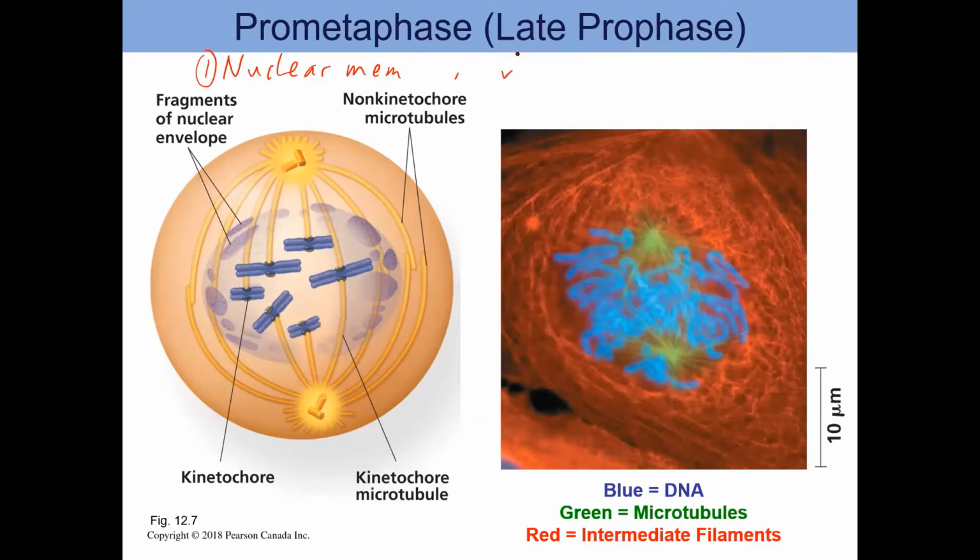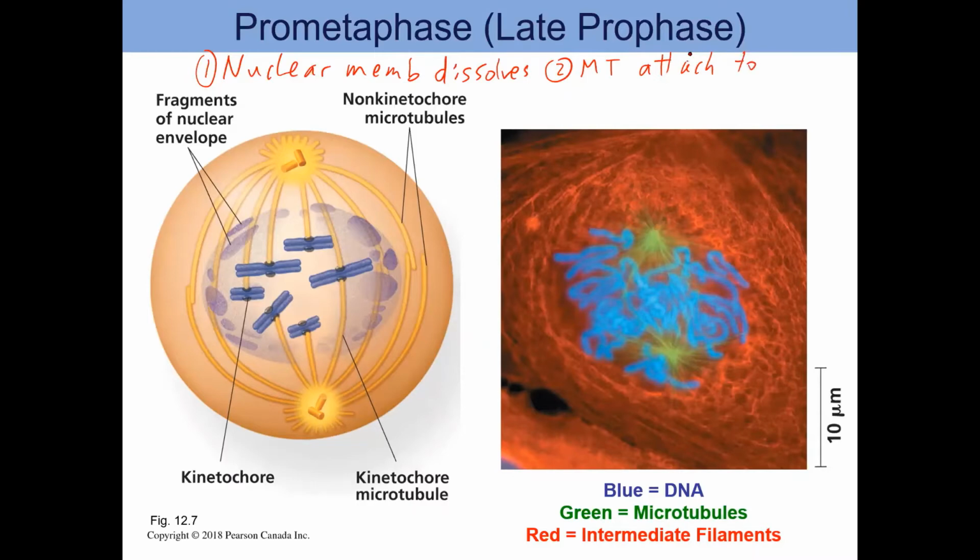Remember those nuclear lamina, they are going to basically disassemble to allow that to happen. So nuclear membrane dissolves. Number 2, we have the microtubules or the spindle fibers. I'm just going to use MT, start attaching. And where do they attach?